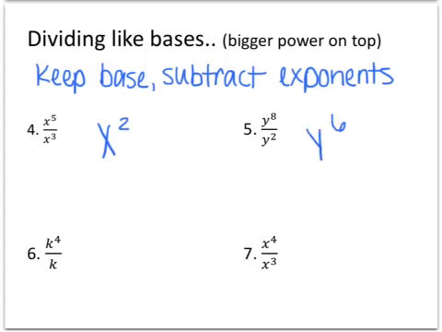Somebody raise your hand. What do you think for number 6, Jeremy? Very good. Because this is just like k to the first power. How about number 7? Nick, Alex? Yes, it's just x. Could I put x to the first? Sure. Do I have to? Nope. You could just leave it as x.